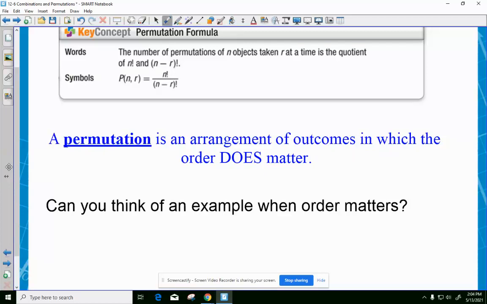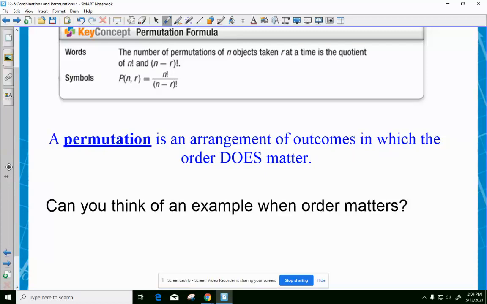Yeah. If I finish 2nd, do I move on? Yeah. If I finish 3rd, do I move on? Yeah. The goal is to move on. I might like to win, but I don't need to win in order to move on. Does that make sense? So in that scenario, that's not a permutation because the order isn't important at that moment.